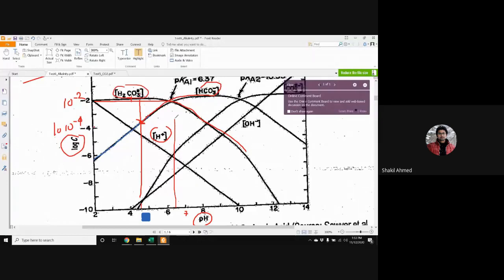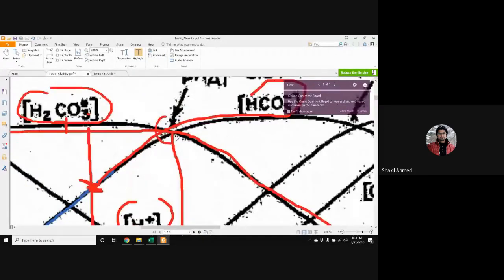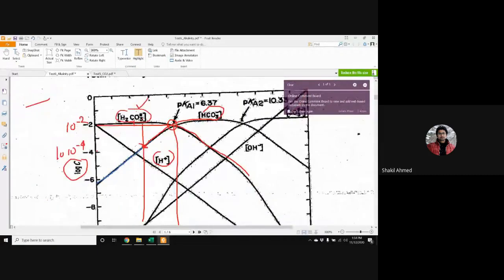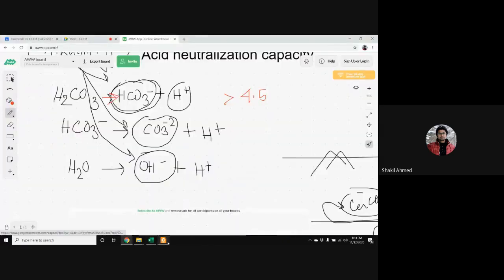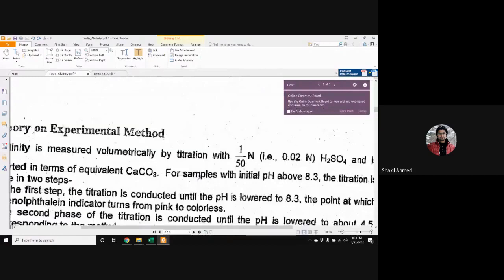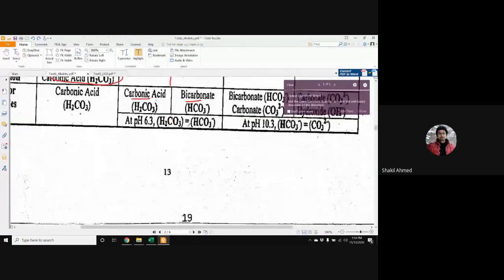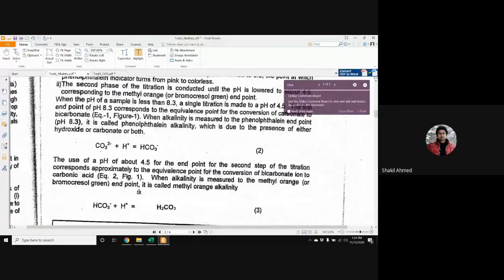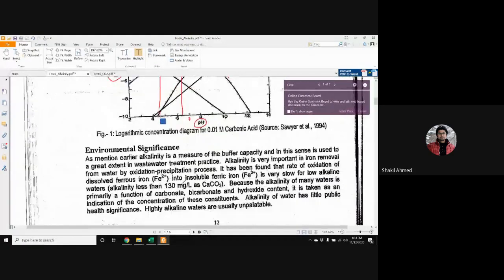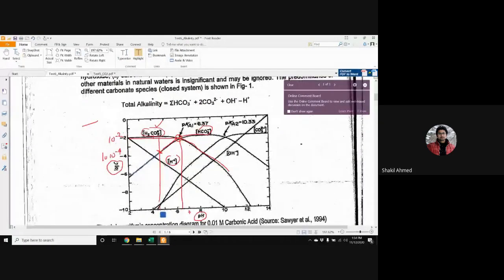So at this point, as you can see, H2CO3 and HCO3 merge together. That means they have similar concentration. Clear? So the objective of this graph is to show you that at different pH, there are different species.